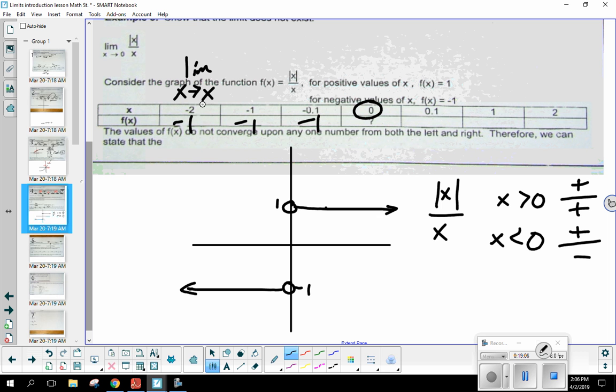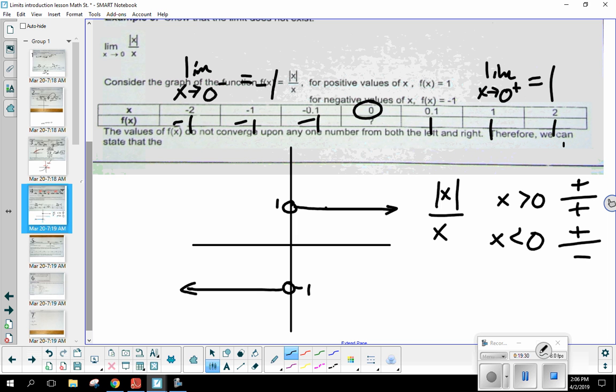Of course, I said 0 and I put x there. 0 from the left, you would say it's what? -1. On the right side, absolute value of 2 over 2, 1. Absolute value of 1 over 1, 1. What would the 0.1 be? 1. So the limit as x approaches 0 from the right would be 1.